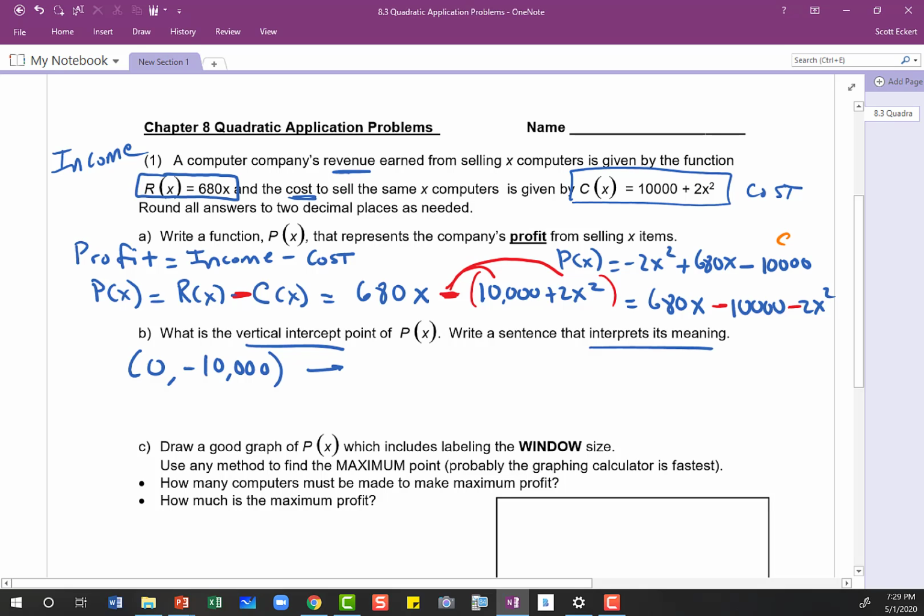And the meaning of that point is, this is not a very good sentence, but they've sold 0 computers, which implies they are 10,000 in debt.